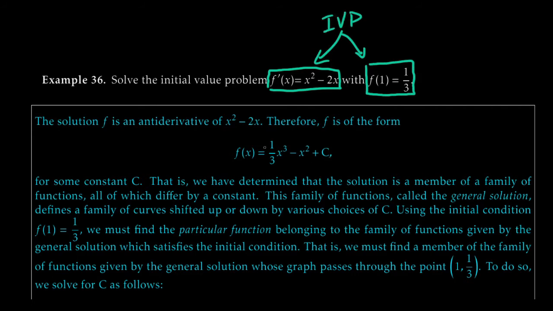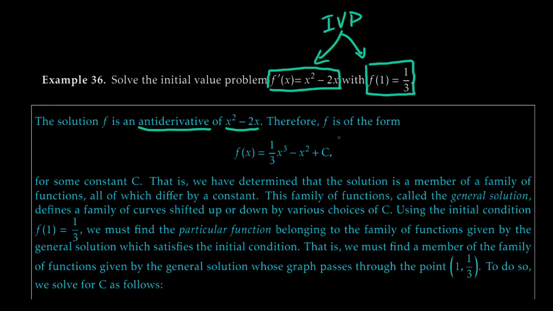So the first thing we'll notice is that our solution f has to be an antiderivative of x squared minus 2x. Just by definition, since the derivative of f has to be x squared minus 2x, f has to be an antiderivative of that quantity.